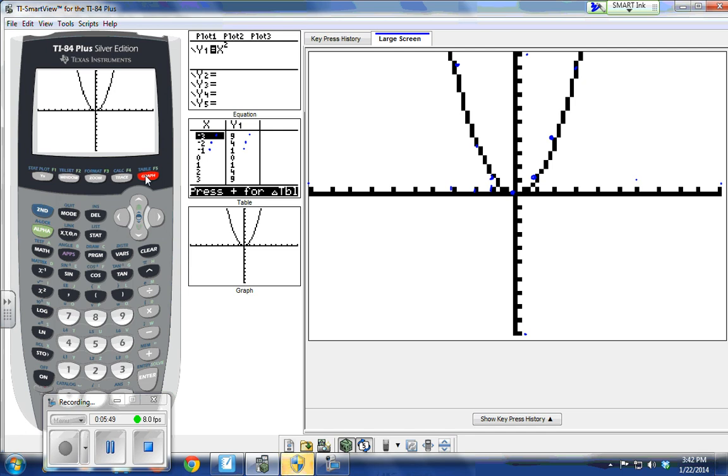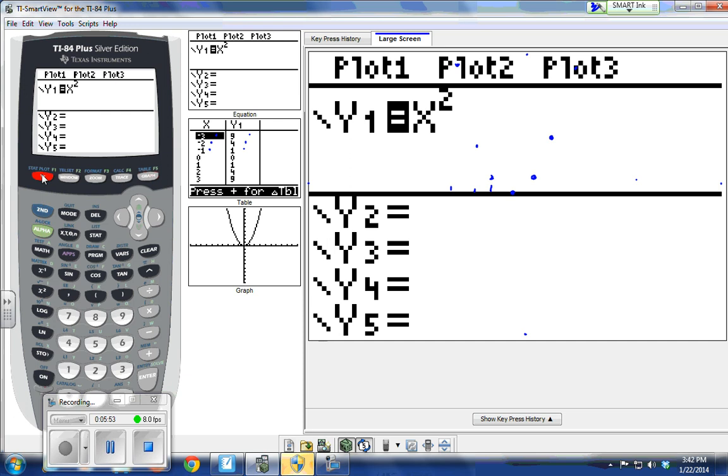Okay, now, notice that our standard window works well for this one. Would it work so well if we changed our basic function? Let's change y equal x squared to y equal x squared plus 50.